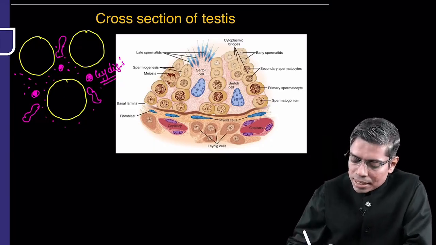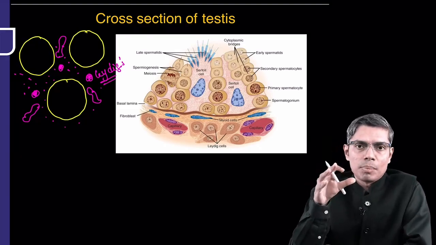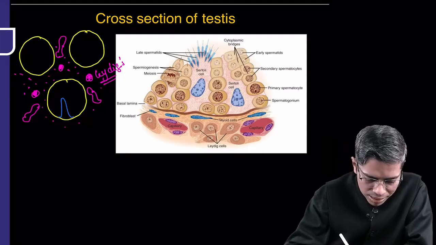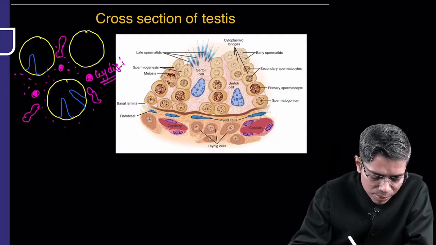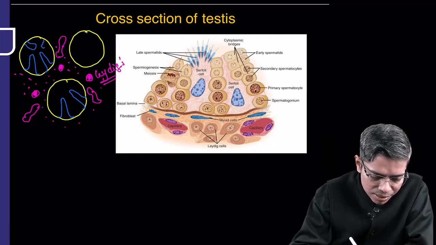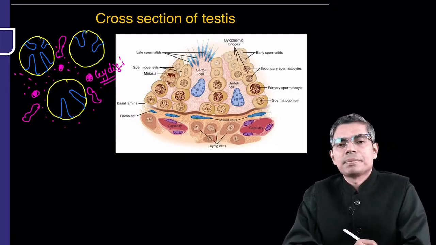Now, if you look inside the seminiferous tubule, the major cell component which you are going to find here is a long type of cell, which is nothing but Sertoli cells. So there will be the presence of long cells inside this seminiferous tubule, and these cells are nothing but your Sertoli cells.